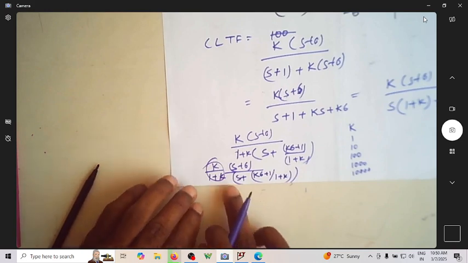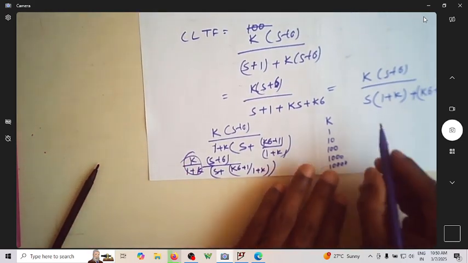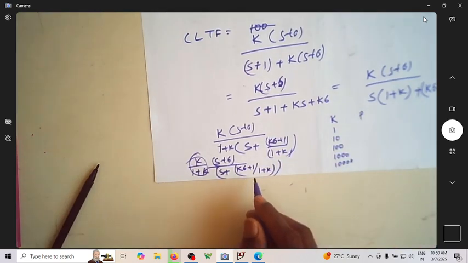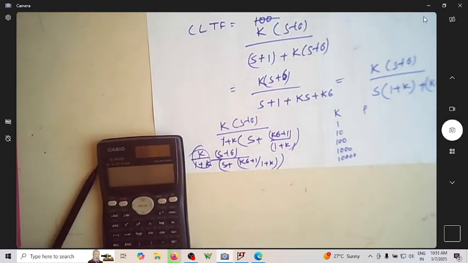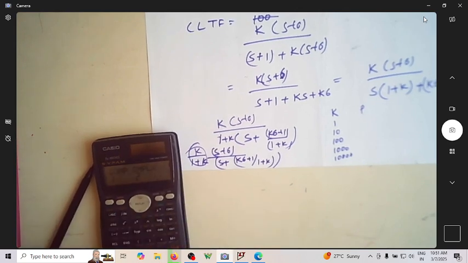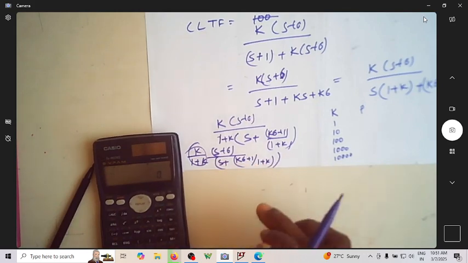Where is the pole position? So what is the pole position for k equal to 1? So what is k6 plus 1 by 1 plus k? I'll just put that as alpha a. Of course it is a bit involved.